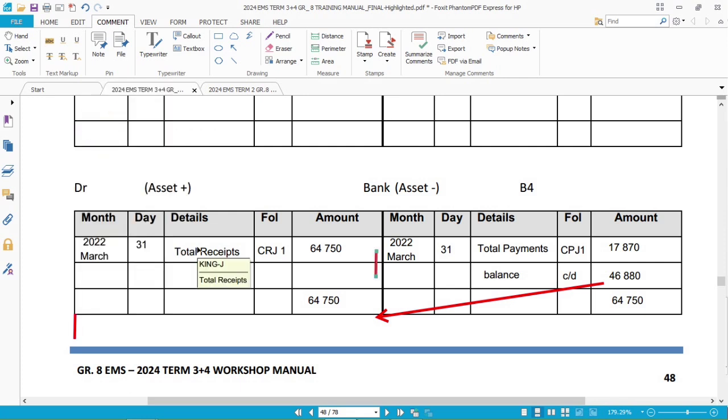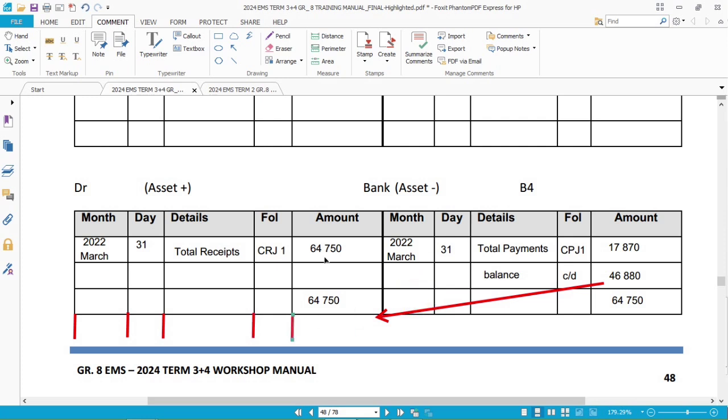Alright, I'm doing this so that you guys don't get confused. I'm just going to put my lines where they're supposed to be. This column is too short.